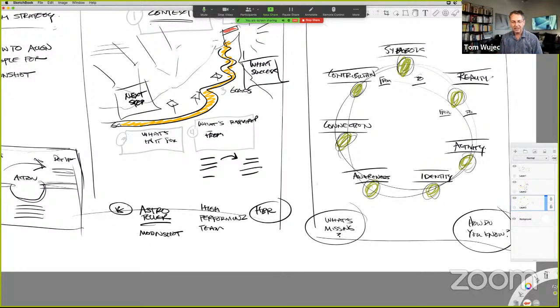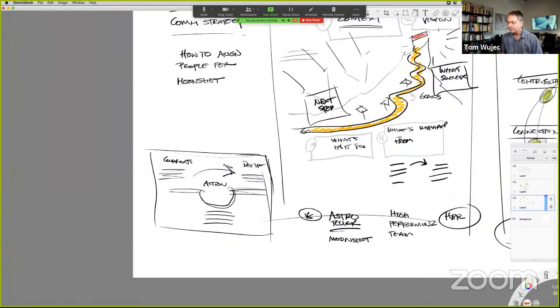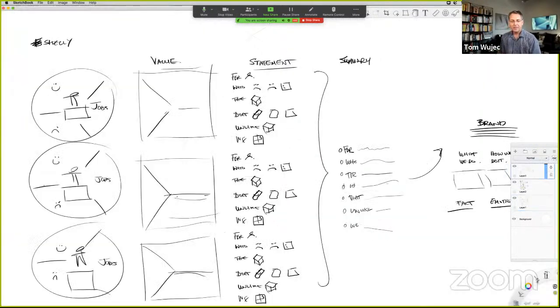So again, these are just some initial doodles, which we're just illustrating. Again, some sketches that I've made here. Happy to share those with you. Shelly, I had a whole bunch here. There's a fantastic set of books by a fellow named Alex Osterwalder.